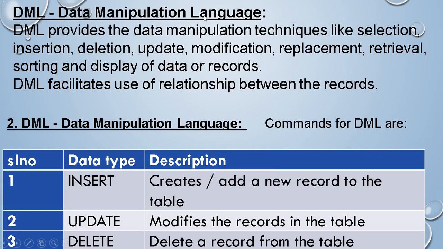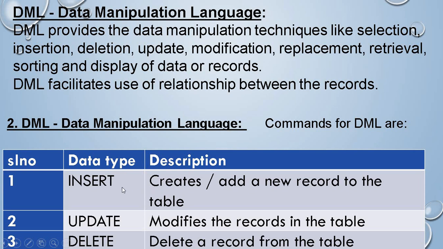The next language is data manipulation language. Data manipulation language provides the data manipulation techniques like selection, insertion, deletion, update, that is modification, replacement, retrieval, sorting, and display of the data or records. All these are the different techniques used in DML.